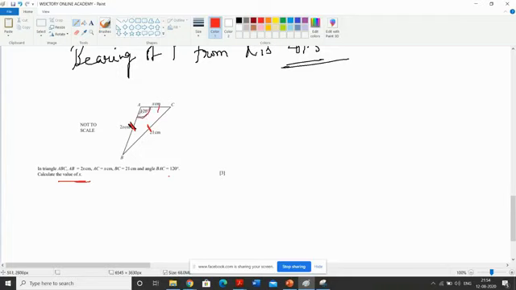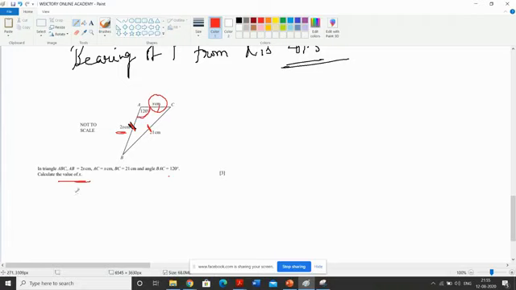If three sides are given, we can use cosine rule, right? The unknown is x, so we can use cosine rule, which connects the three sides and that angle.